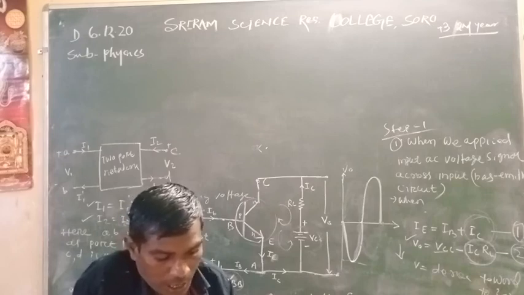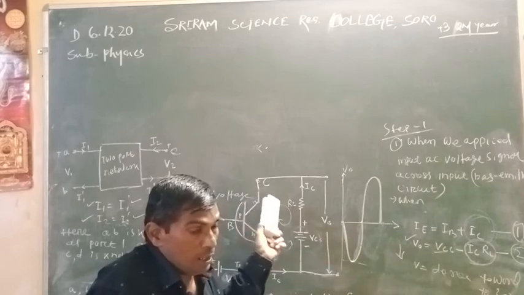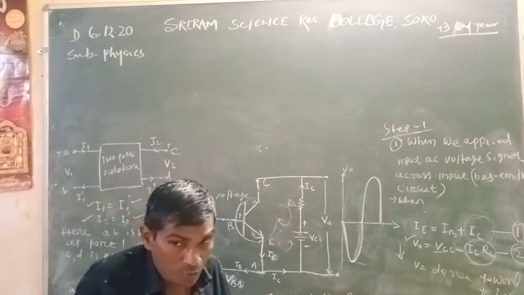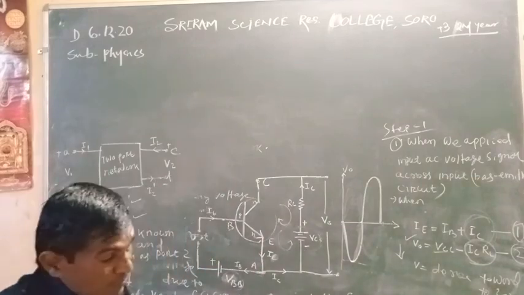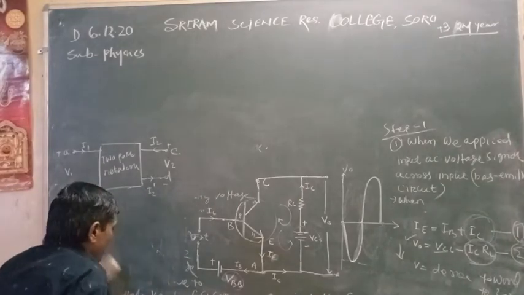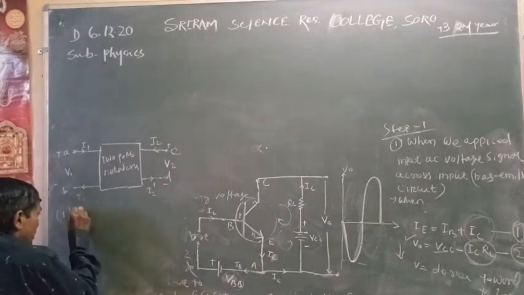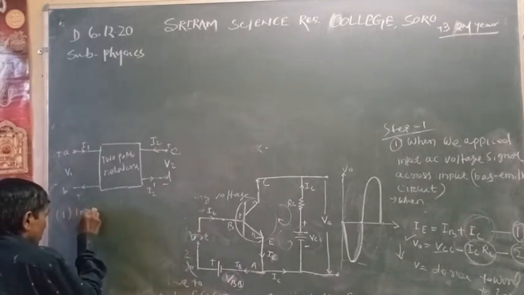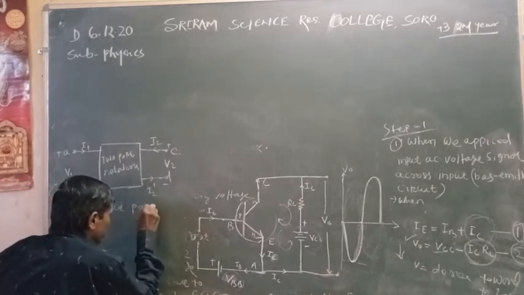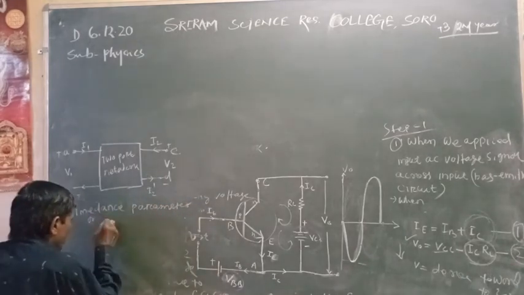Now with these four variables V1, V2, I1, I2, there are some parameters of these two-port networks. These parameters are, first, the impedance parameter or Z parameter.